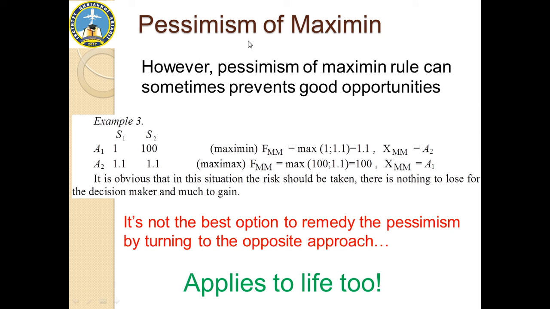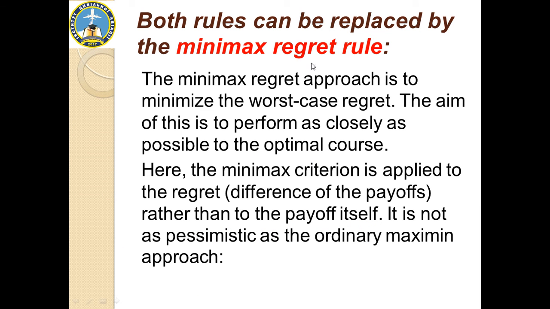So both previous rules can be replaced by the minimax regret rule. Let's consider this for a minute. The minimax regret rule approach is to minimize the worst case regret. Instead of minimizing the worst case payoff, we minimize the worst case regret. What's regret? The aim of this is to perform as closely as possible to the optimal course.